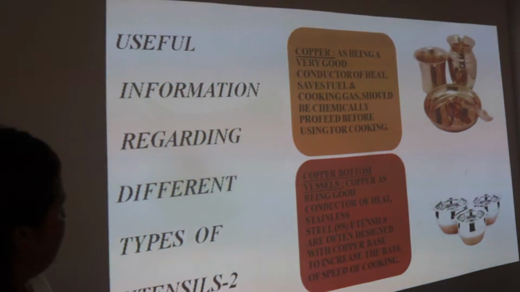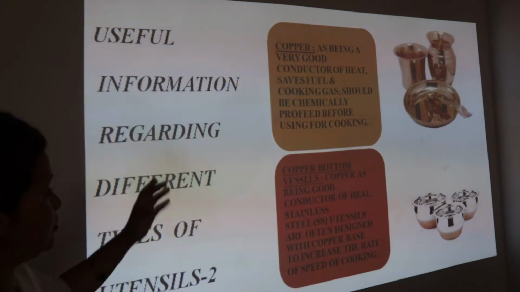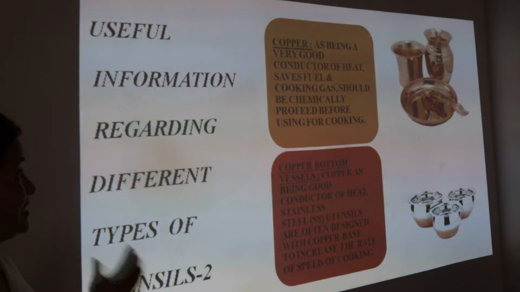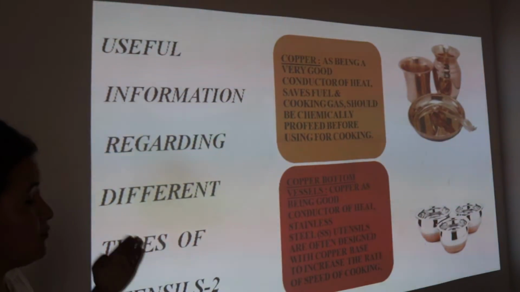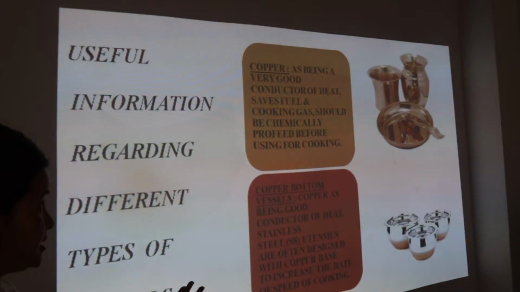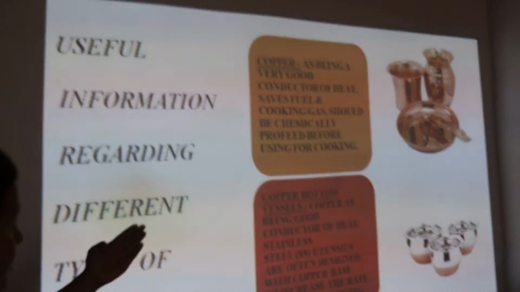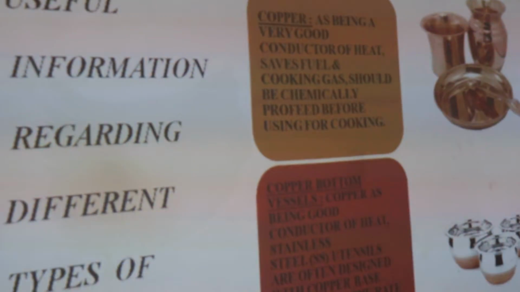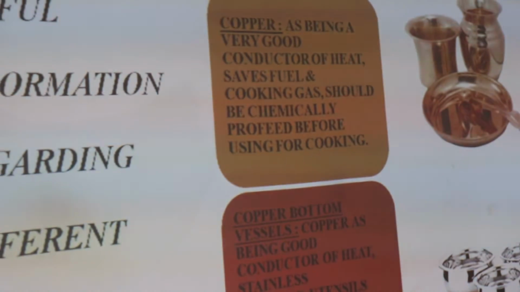And another utensil, number 2, is copper and copper-bottom vessels. Copper is what you call kasa in Nepali, okay? Copper is a very good conductor. You use it in electricity also, okay? Copper wires and all. So copper is a good conductor of heat. Copper utensils should be chemically treated before using for cooking, okay?